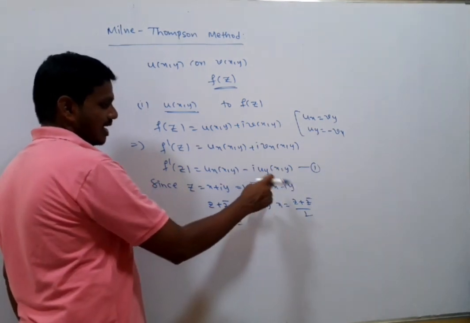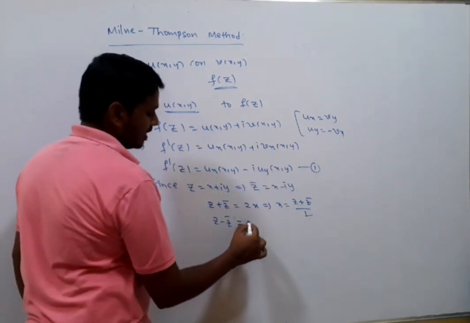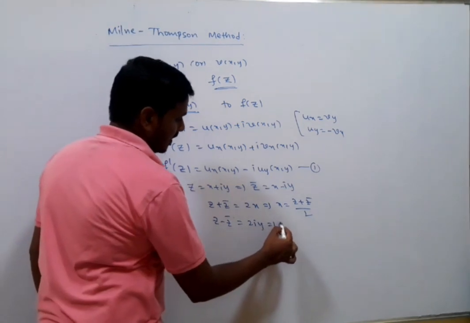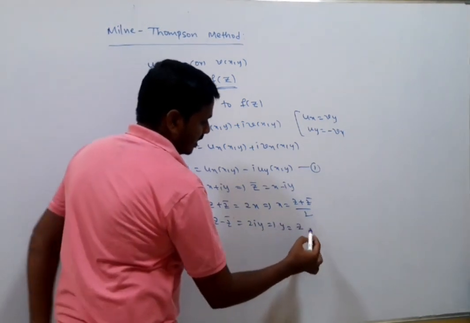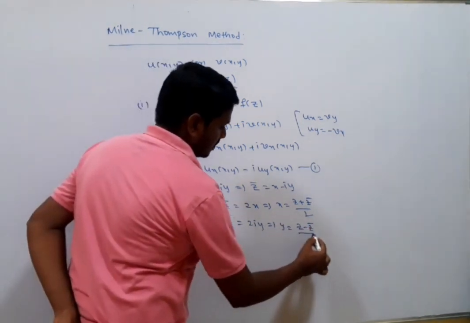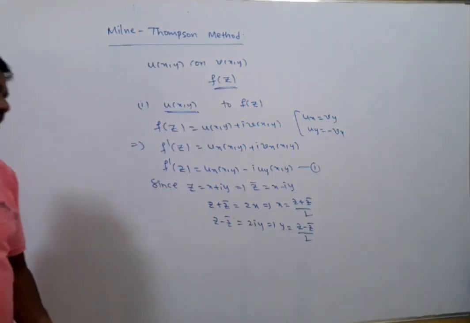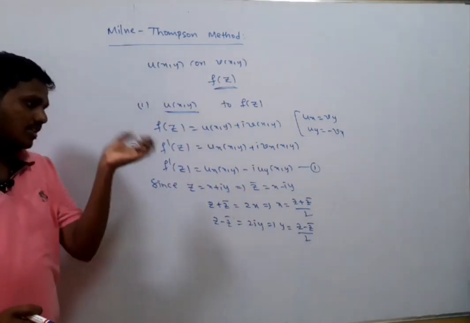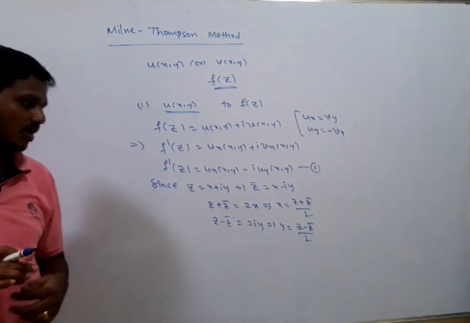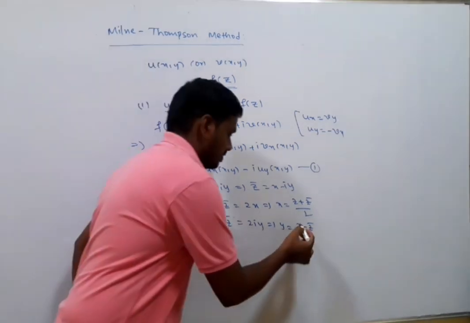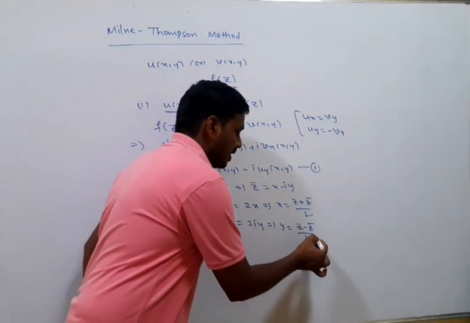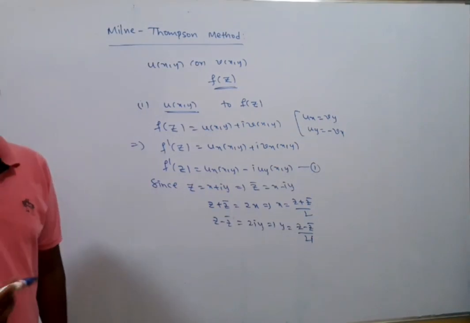So x minus x gets cancelled, it is 2iy. So that implies y is equal to z minus z bar by 2i. That means we have the real part of the complex number x equal to z plus z bar by 2, and the imaginary part y equal to z minus z bar divided by 2i.